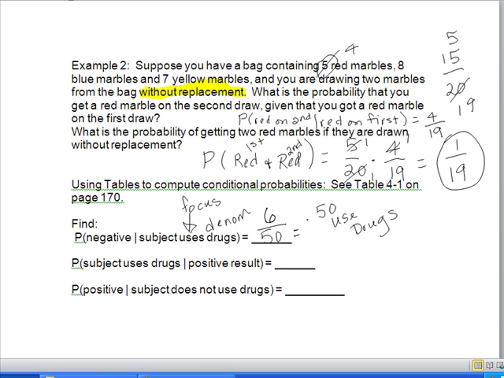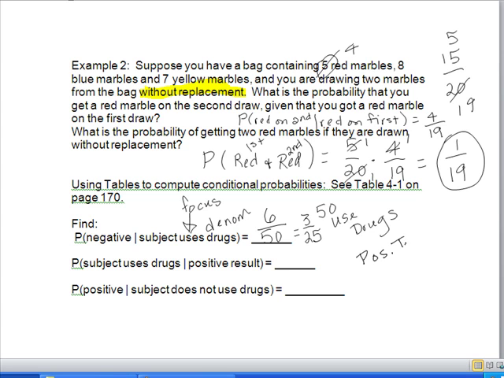Okay, so let's look at the second one. We want to find the probability a subject uses drugs given that we have a positive test result. So this time we're looking at the column under positive test result. That's going to give us our denominator.